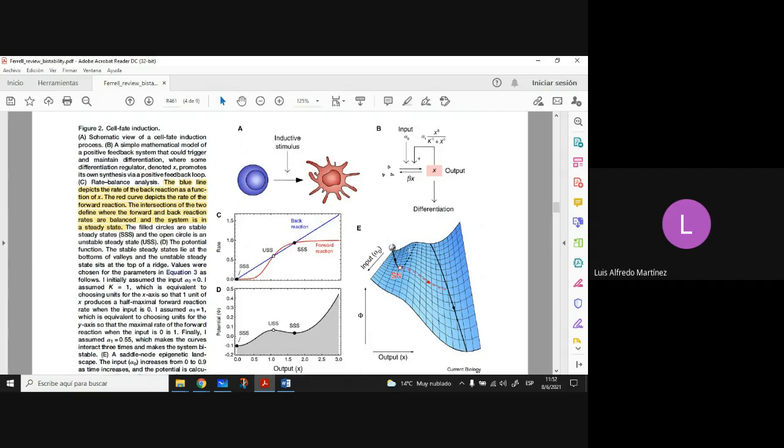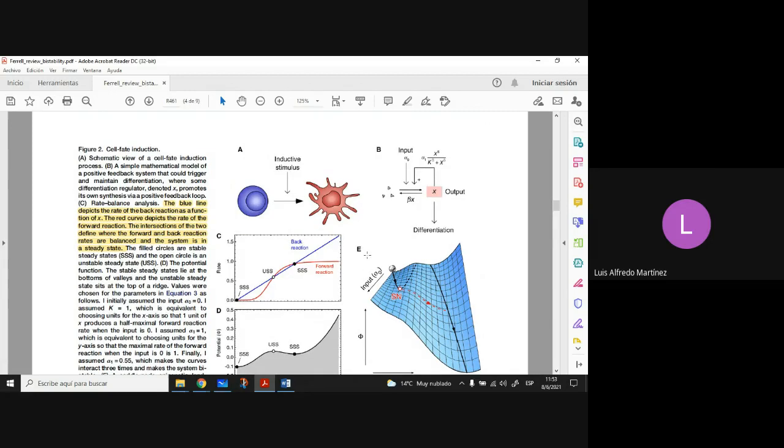And the potential function of this system is that landscape, which is very different from the Waddington landscape. The difference is that the bifurcation point, in this case, is toward the valley, a saddle-node point.